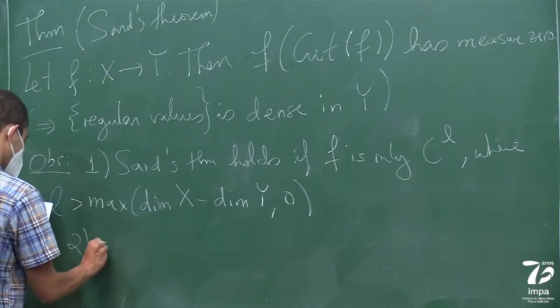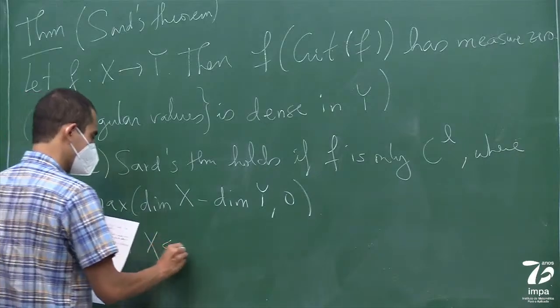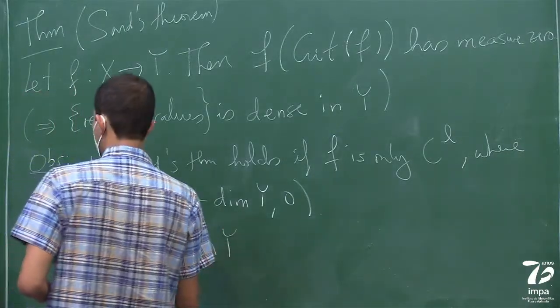And the second is that if the dimension of X is less than the dimension of Y, then we've already proven it.